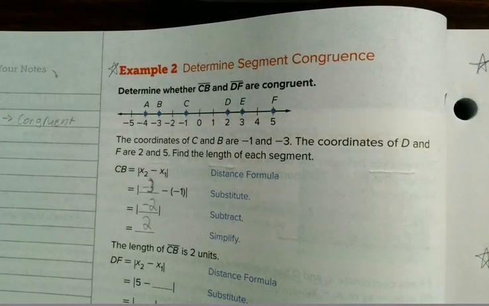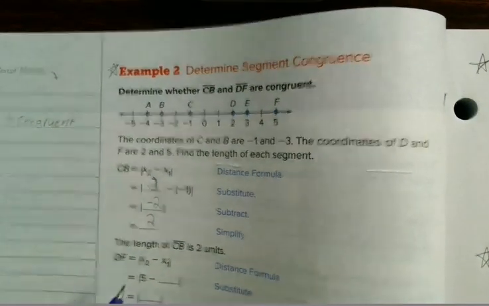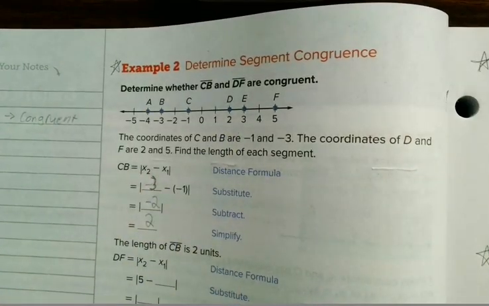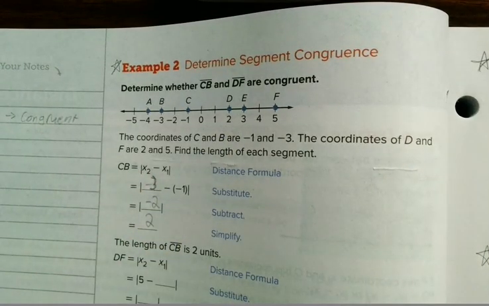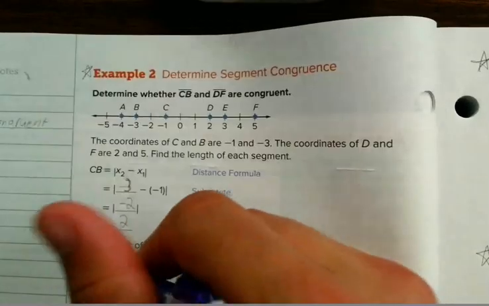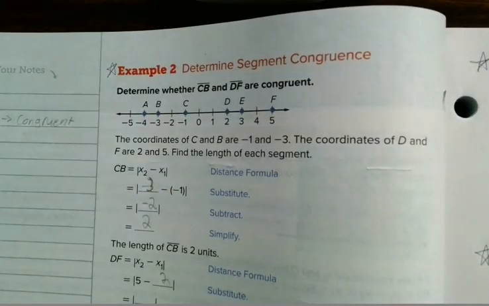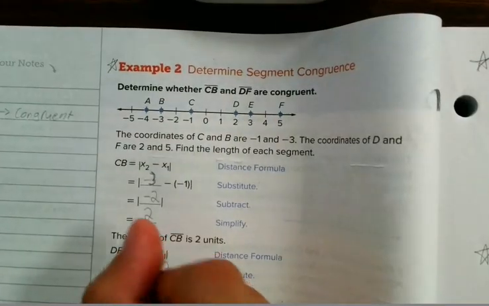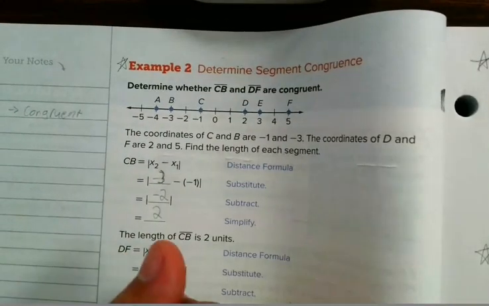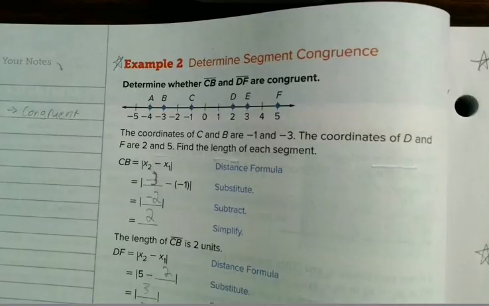And now we need DF, right? We know that D happens to be at 2, F happens to be at 5. It gives us the 5, so what am I going to put in that blank? 2. 5 minus 2 is 3. Absolute value of that is 3. So are 2 and 3 the same length?